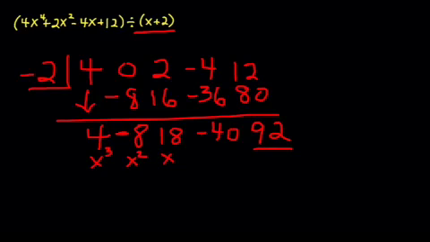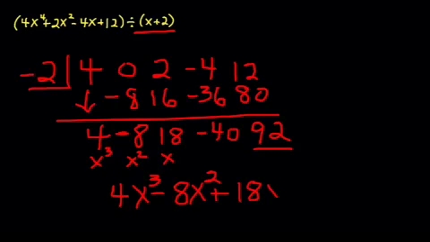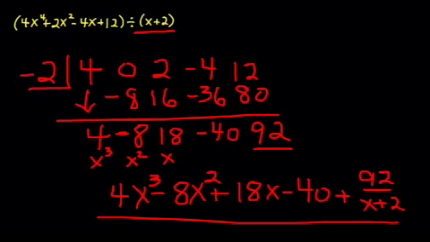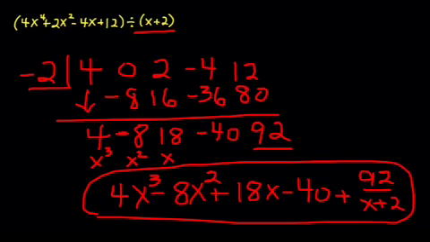So when we write out this answer, we write 4x to the third minus 8x squared plus 18x minus 40, and our remainder of 92 is plus 92 written over our original divisor, which in this case is x plus 2. And that's our solution using synthetic division. Again, a much shorter way to get the answer than doing that same problem with long division would have been.